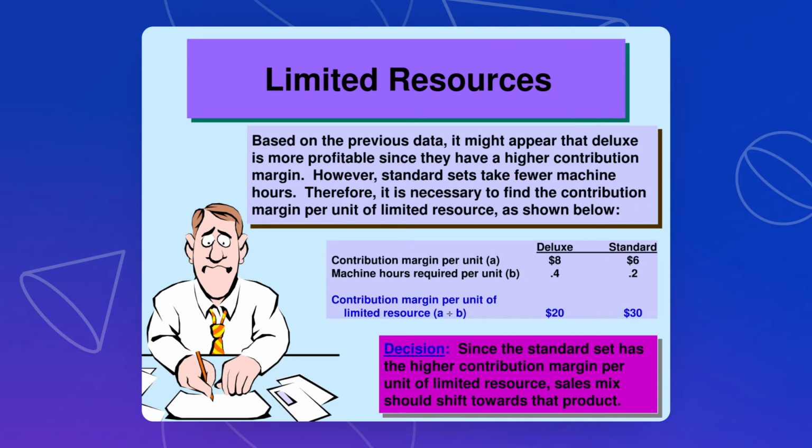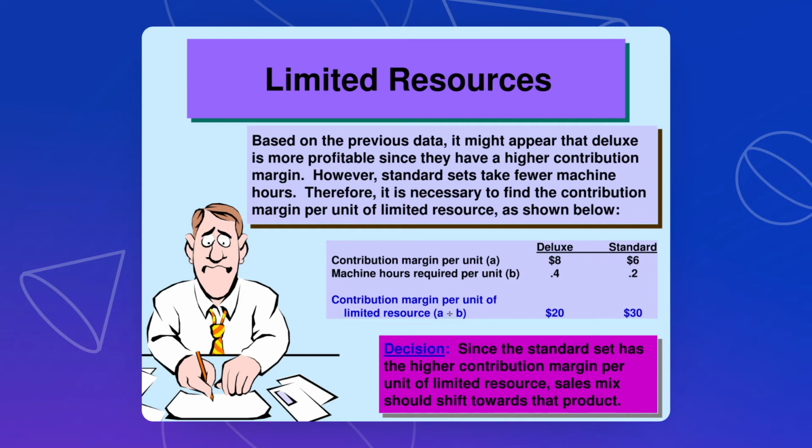Therefore, it is necessary to find the CM per limited resource of each product as shown below. For deluxe you have $8, standard you have $6, and the machine hours required per unit are 0.4 and 0.2. So, class, what did we say earlier?